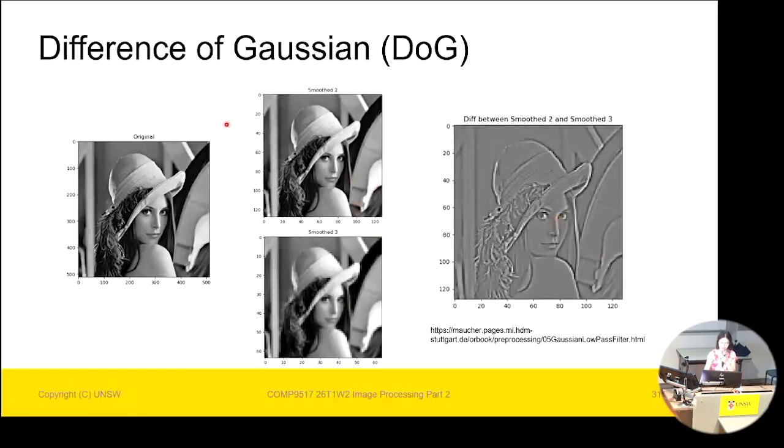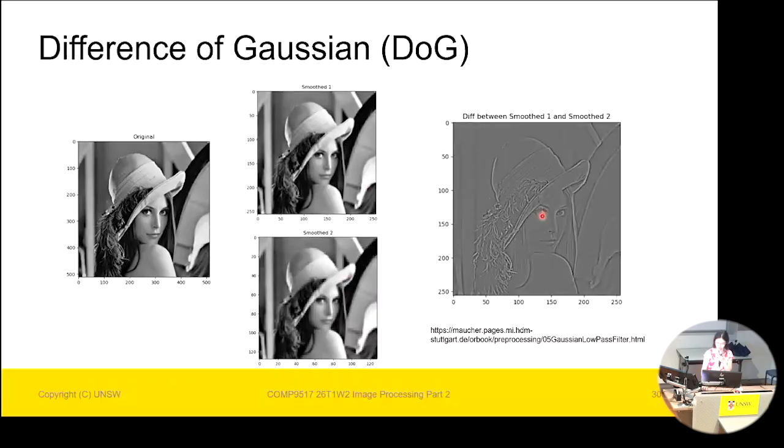And the second example is if you change the Gaussian function to be even wider, then you would have an even blurrier output. Then the difference will look like this. If you compare this image with this one, you will see this one is highlighting the edges more sharply, right? So the changes are narrower.